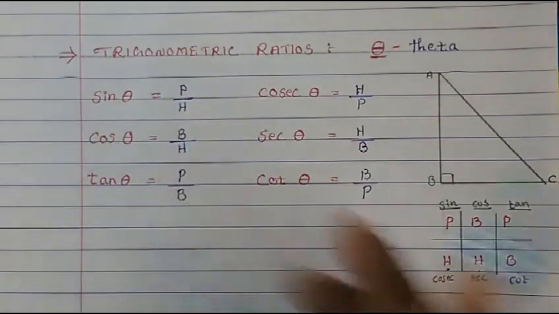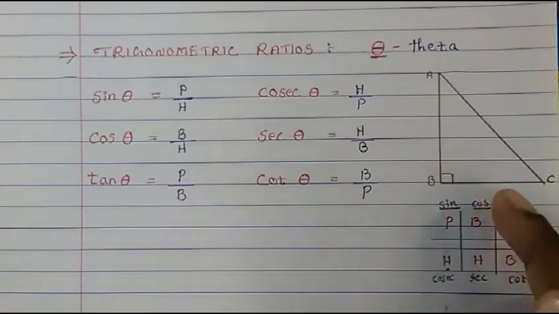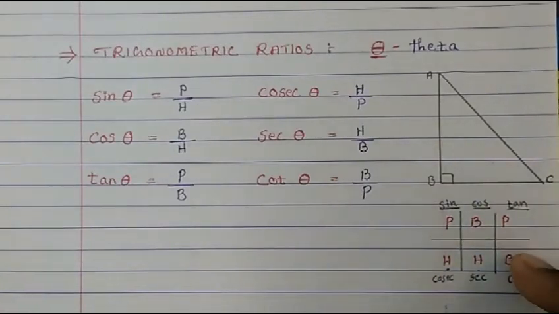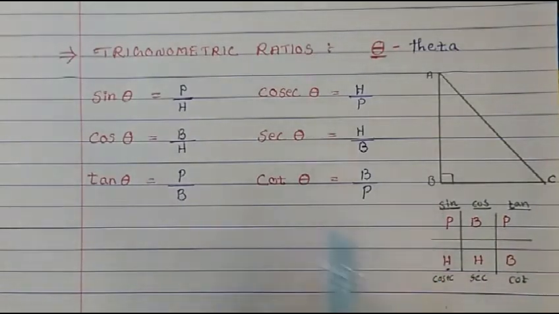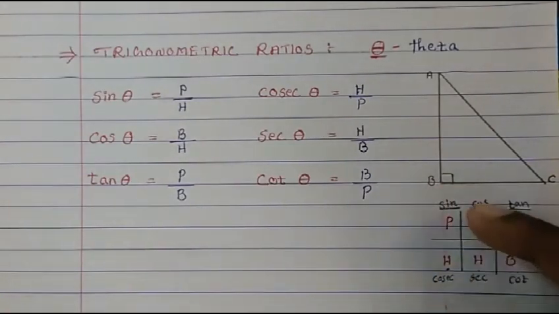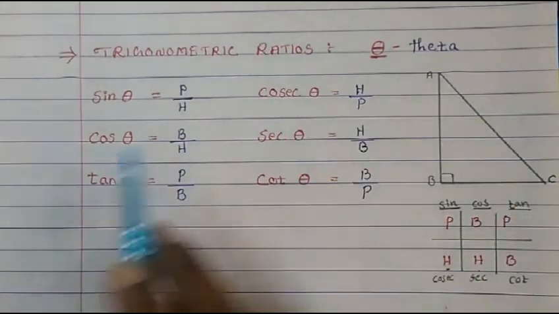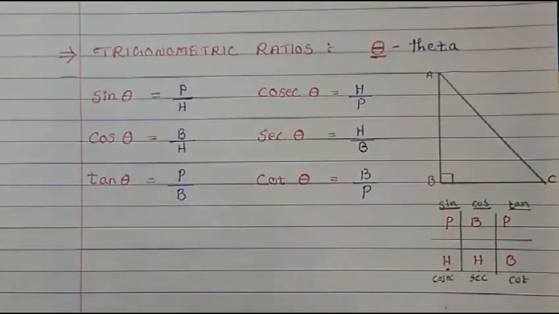To remember this, first write sine, cos and tan: perpendicular upon hypotenuse, base upon hypotenuse, perpendicular upon base. Then reverse it: cosec, sec, cot. Cosec theta means hypotenuse upon perpendicular, sec means hypotenuse upon base, cot means base upon perpendicular. This is how you have to remember.